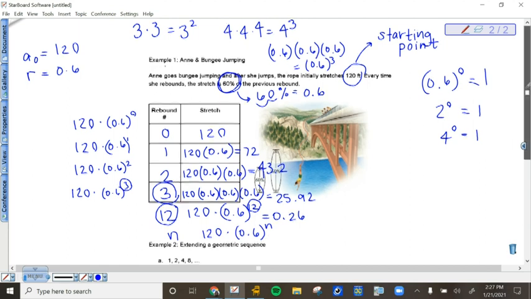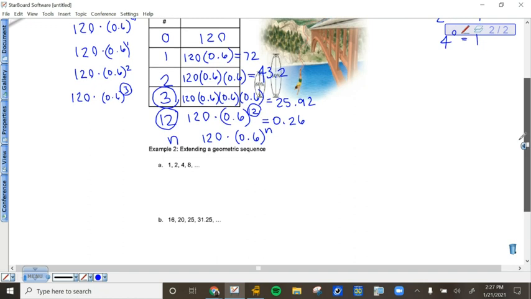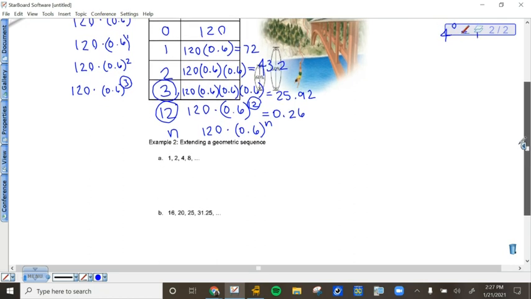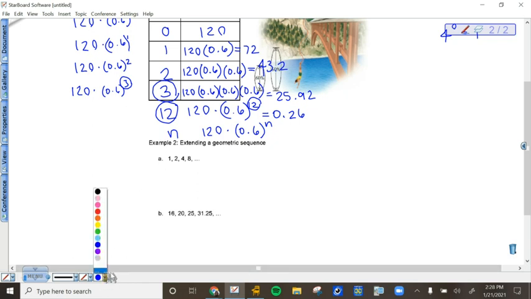Okay. Let's move on to these examples. Start with these two. We want to extend these geometric sequences. So we want to first find the common ratio, and then let's find the next 3 terms in the sequence.